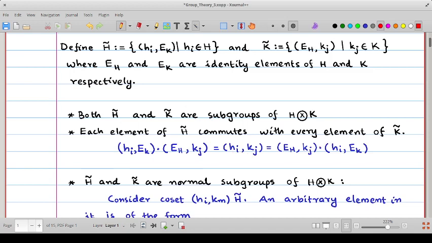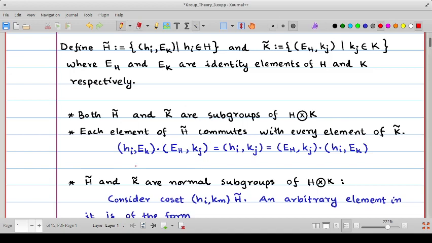But if we now consider the product Eh comma Kj dot Hi comma Ek, we see that the result is Eh times Hi first, but that is again Hi, same as this, and Kj times Ek is simply Kj, same as this.